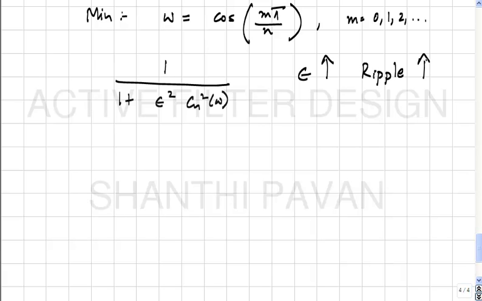What can you say about the behavior at very high frequency? Is there more rejection or less rejection? There is more rejection. Why?